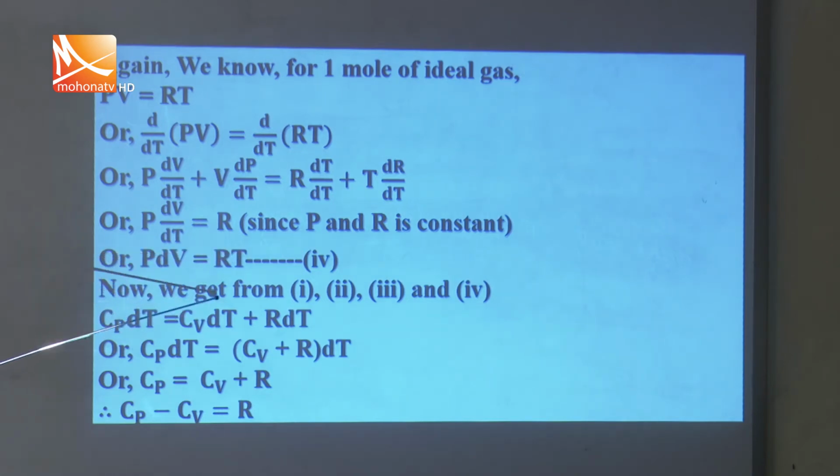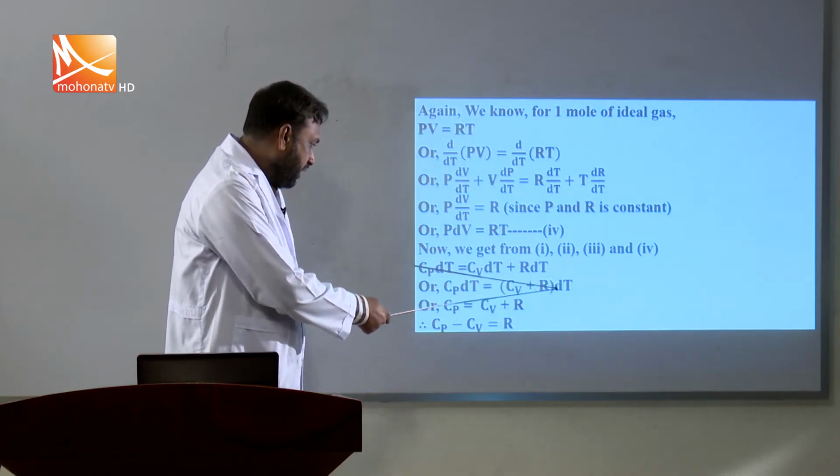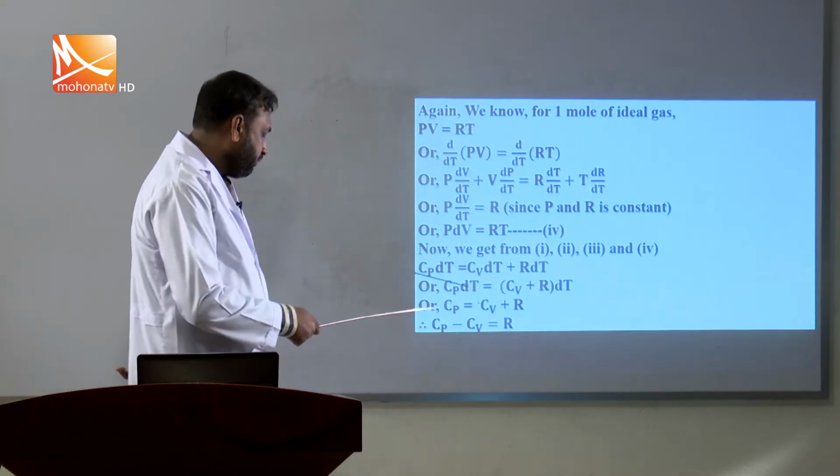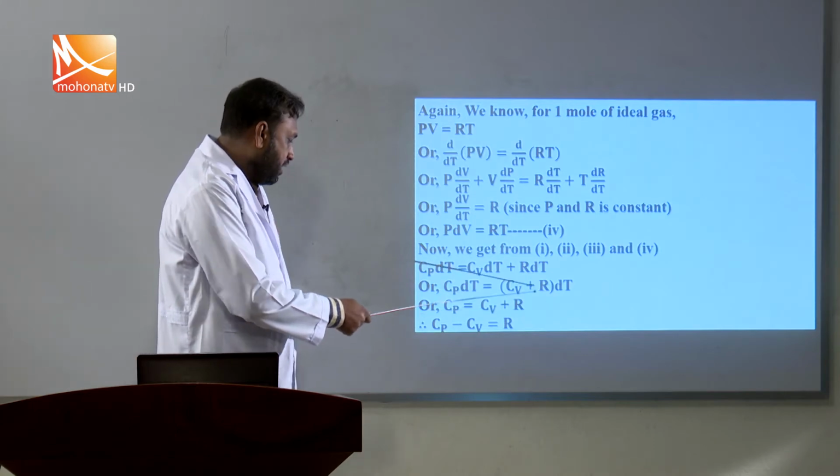Now we get from equations 1, 2, 3 and 4, Cp dT equals Cv dT plus R dT, or Cp dT equals (Cv plus R) dT. Here we take dT common, or Cp equals Cv plus R, cancelling dT on both sides.